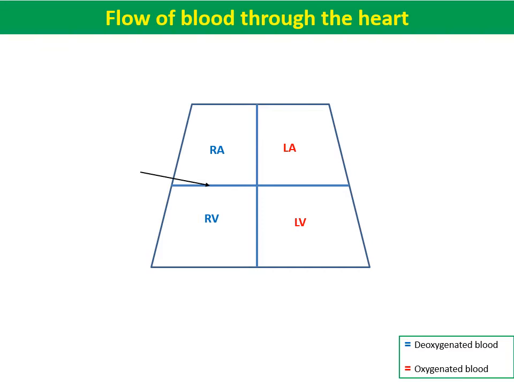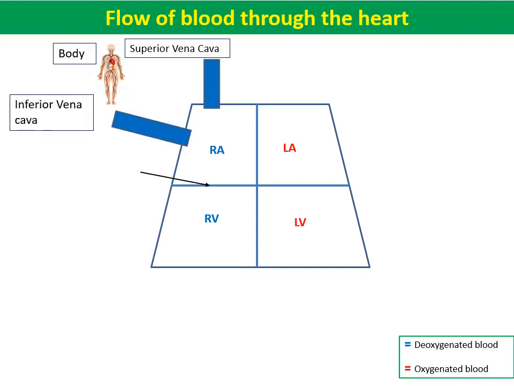So how does the blood flow through the heart? From the upper body and the lower body, because the heart is situated in the center position, the deoxygenated blood is coming into the right atrium through the superior vena cava and the inferior vena cava.